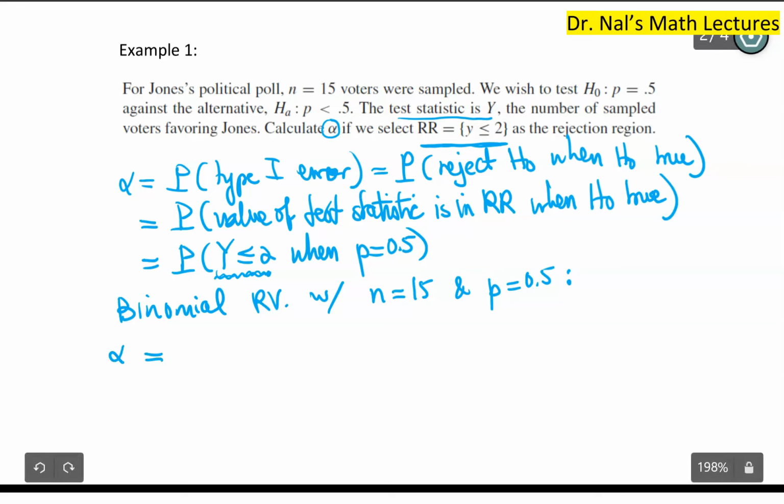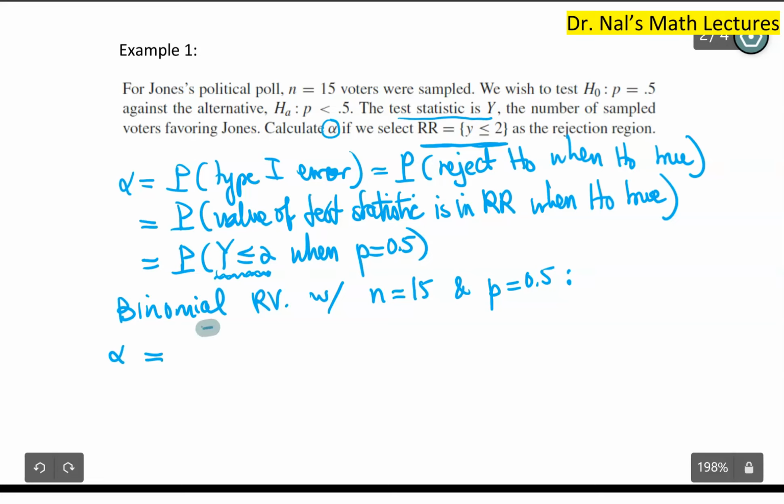So alpha therefore is equal to, well, this is just the binomial distribution, right? You can use the Excel binom function, which I'm going to do next. But I'm just going to write down the formula here and show it to you on Excel right after that. Actually, let me do it in 2 steps.